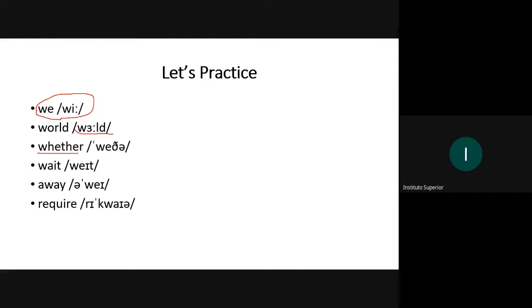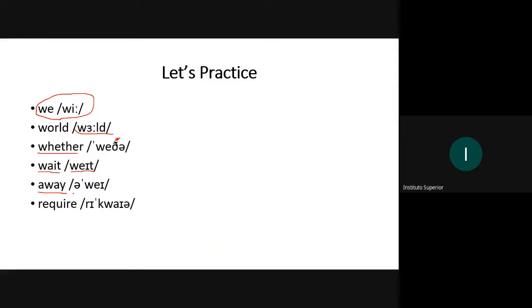This one. Remember, look at this sound. This is funny. Weather. Here, we say wait. Remember, this is like a vowel sound.